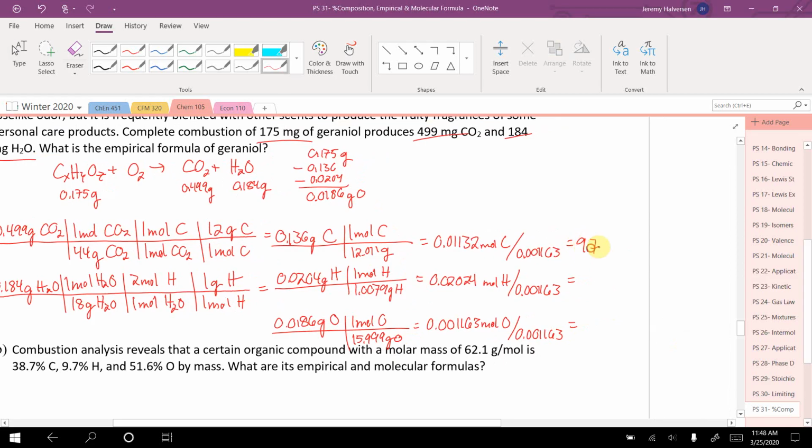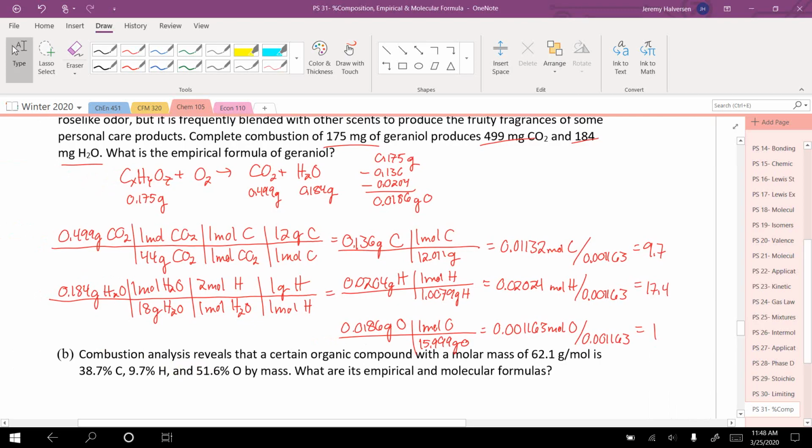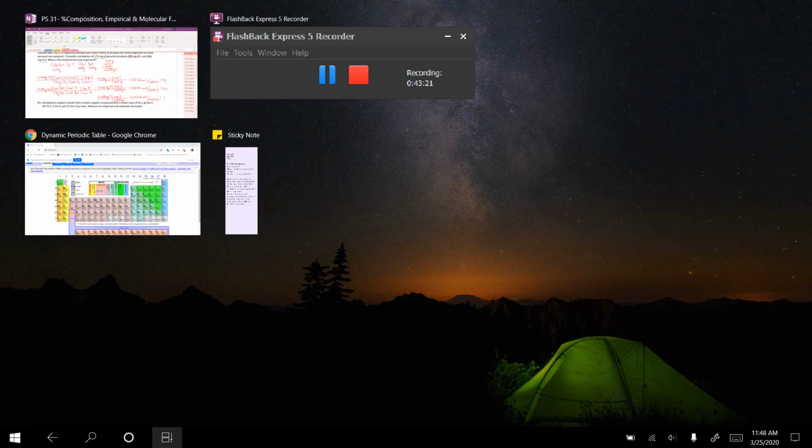Okay, about 9.7. And 1. Okay, so because I know what the answer is, I can look at this and see that maybe I made a mistake somewhere. So let me just run through my math one more time and see if I can find the mistake.